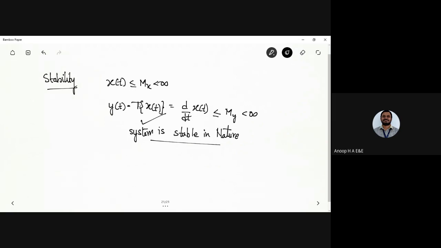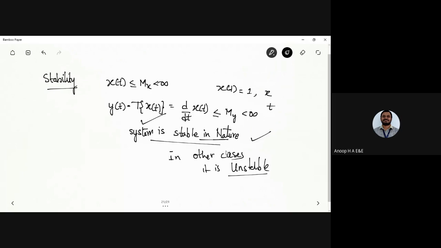So whatever the differentiator operator is, if I give x of t as 1 or any other constant value, or if I give it as t itself, then in such cases it is said to be stable in nature. In other cases, it is unstable.